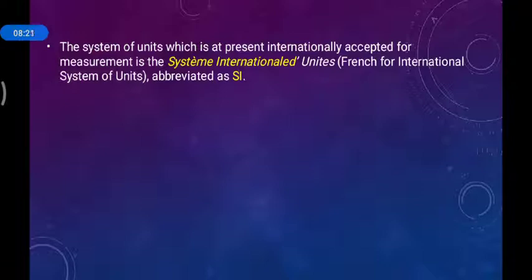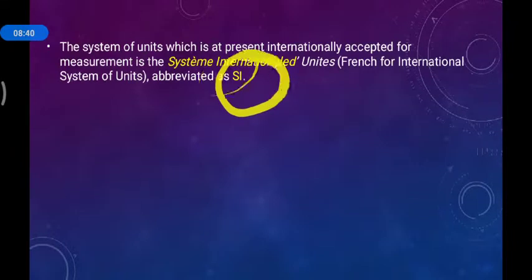It is a French name, so I may not pronounce it well, but it means International System of Units, abbreviated as SI.